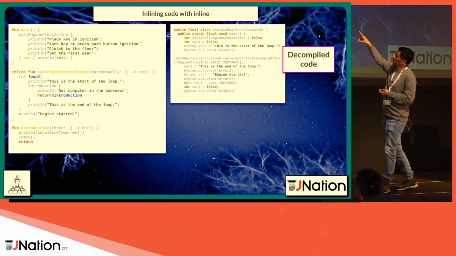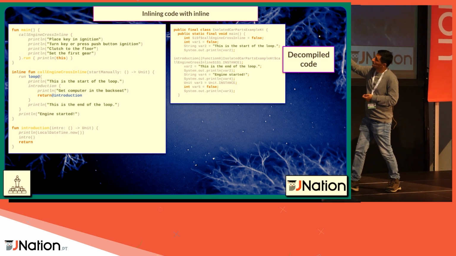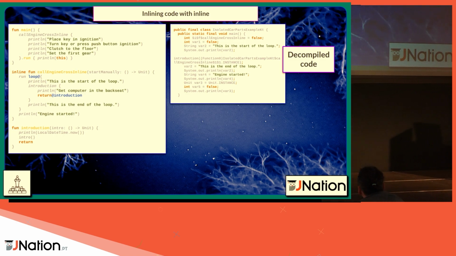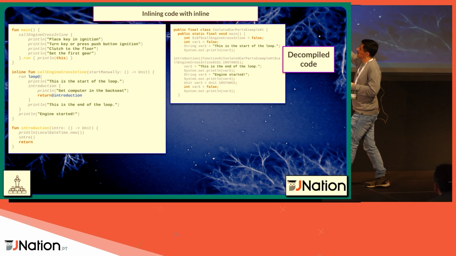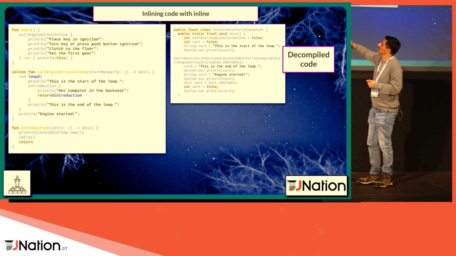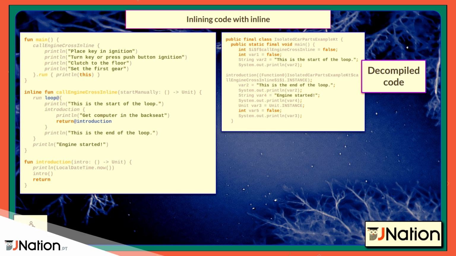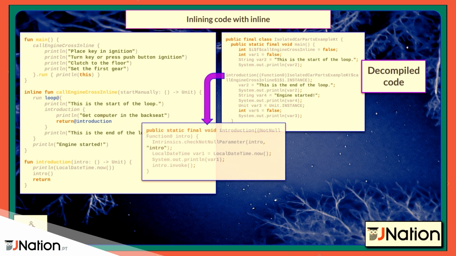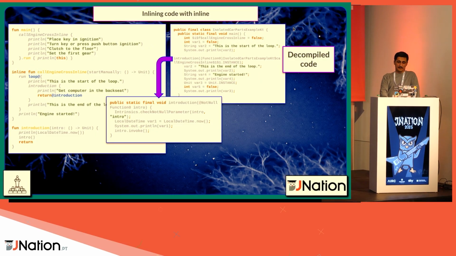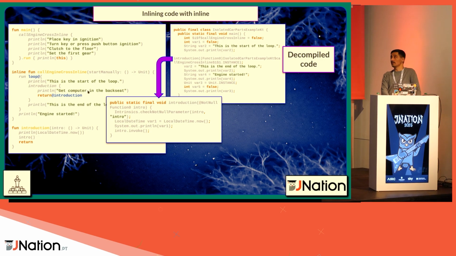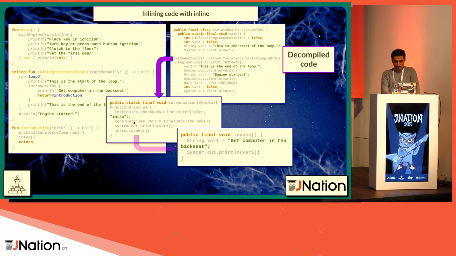That, in this example specifically, doesn't get used. And then we call introduction there. It also has an implementation, and then that introduction gets passed on also to a higher-order function, and then we call intro. So when we decompile our code, we get this: the first part of our code, the start of the loop, then a call to introduction, which doesn't get inlined, and then the invoke to intro, which creates another invoke function to this point.